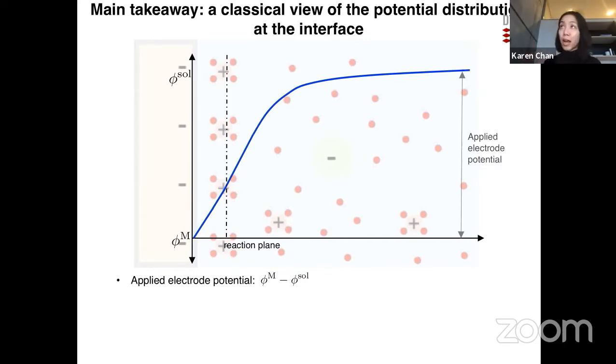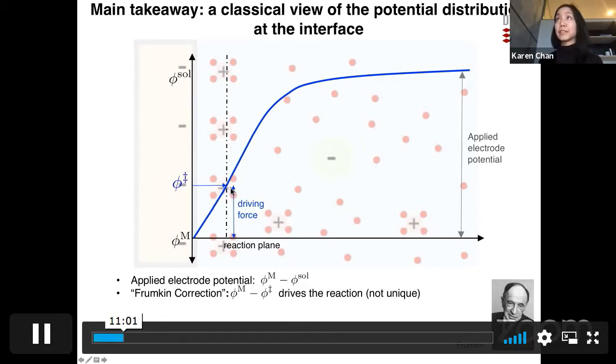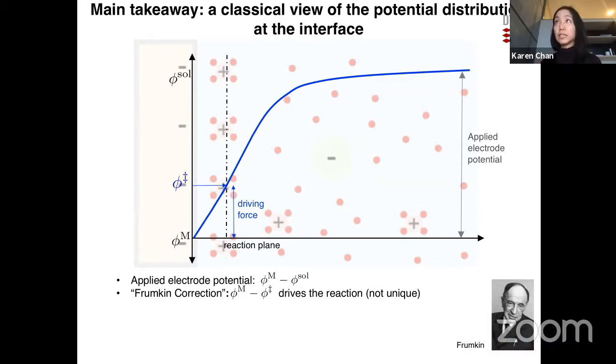However, what drives the reaction at the interface is not this bulk potential, but the local interfacial potential drop, as illustrated here, the drop between the metal potential and the reaction plane. And the critical part here is that this is not unique.